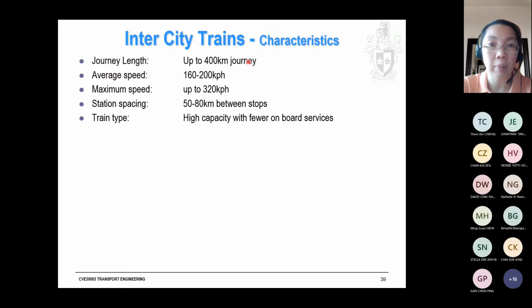Yeah, so it's between two cities. The average speed of the trains will reach about 160 to 200 kilometers per hour. Maximum can go up to 320, depending on the type of train, depending on the train engine. All right. Station spacing from one station to another is about 50 to 80 kilometers. Okay. High train type, very high capacity with fewer onboard services.